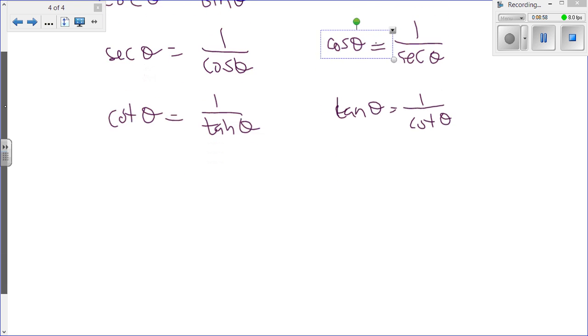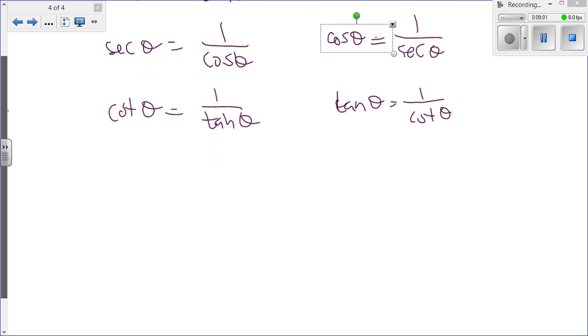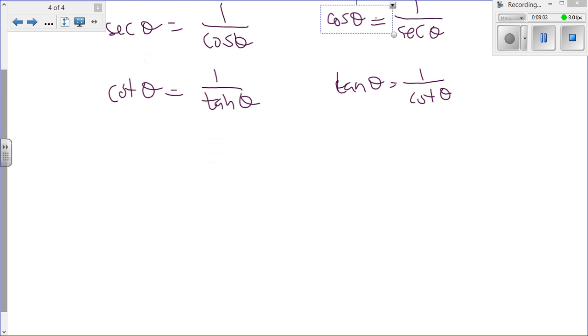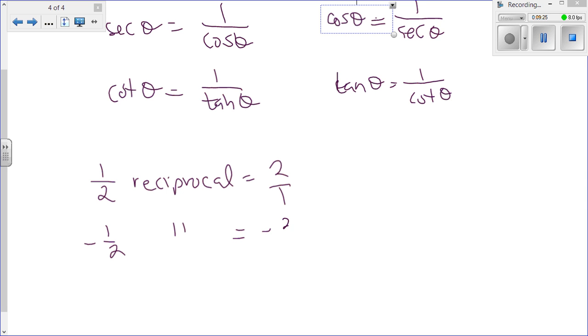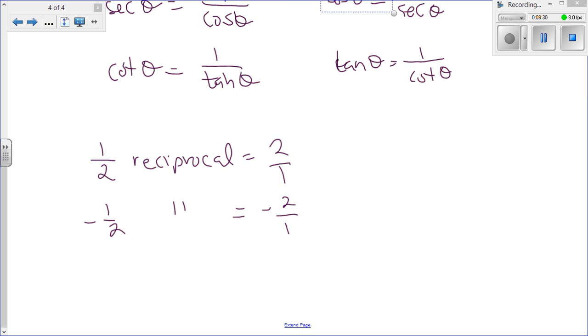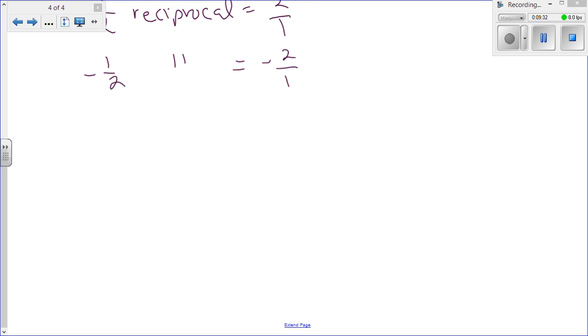To determine the signs of the 4 quadrants, you want to flip your page over now if you haven't. We're going to need to use some common sense. If we have 1/2, my reciprocal is 2 over 1. And if you have a negative 1/2, the reciprocal is negative 2 over 1. The same thing is going to apply here.